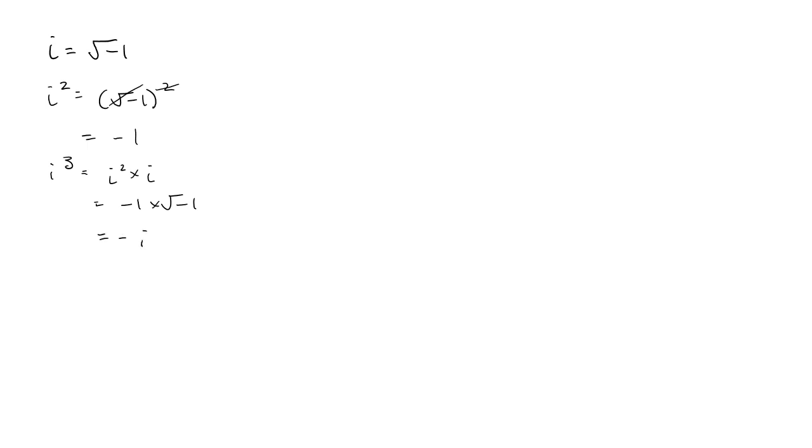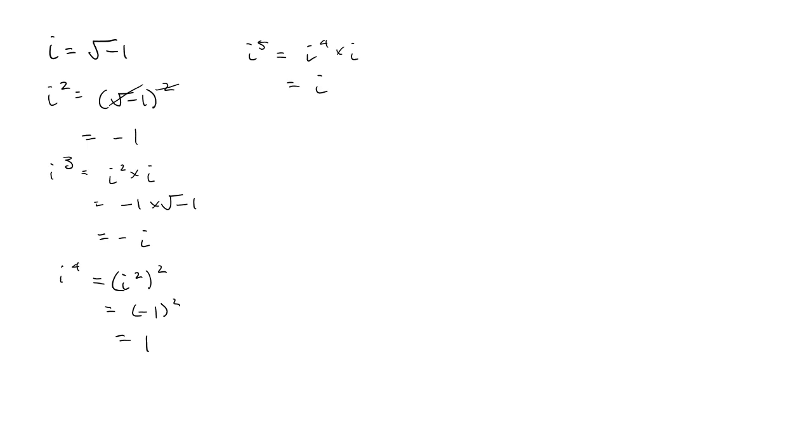So that's -i. Now what about i to the power of 4? That is equal to i squared squared. So that's (-1) squared. It's 1. Now let's have a look at i to the 5th power. That will be i to the 4th times i.